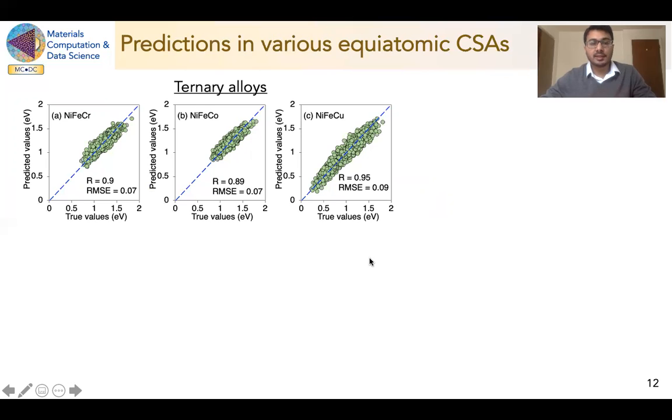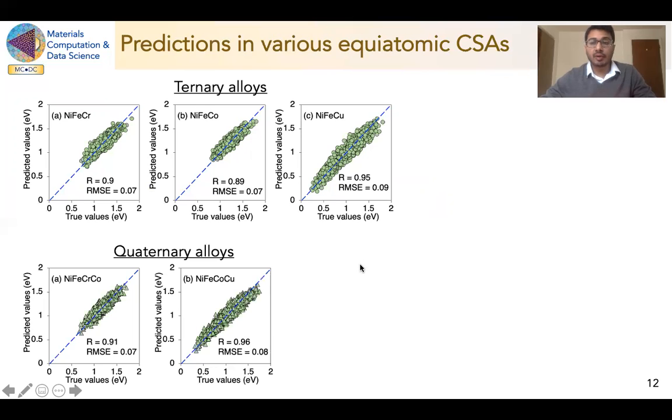Similarly, we tested our model on quaternary alloys. I'm just showing two examples: equiatomic nickel iron chromium cobalt and equiatomic nickel iron cobalt copper. And here also you can see that the R values are greater than 0.9 and RMSE is again smaller than 0.1 eV.